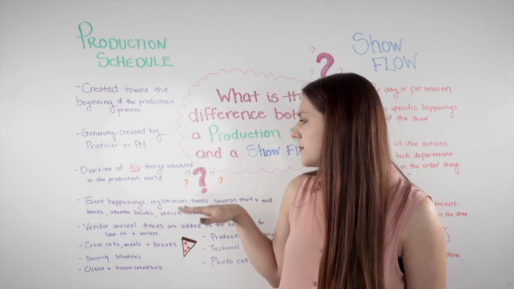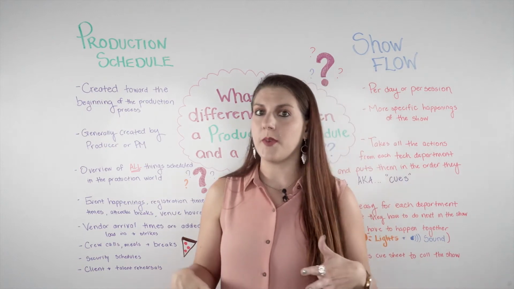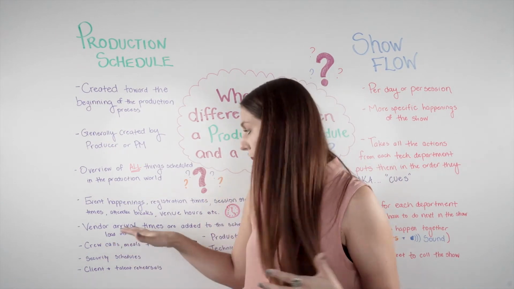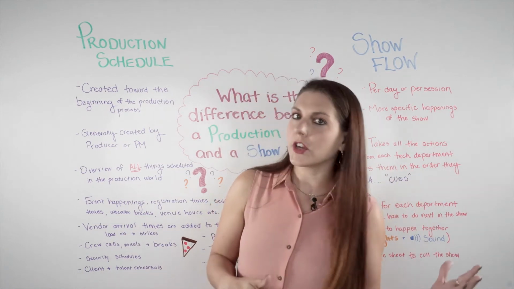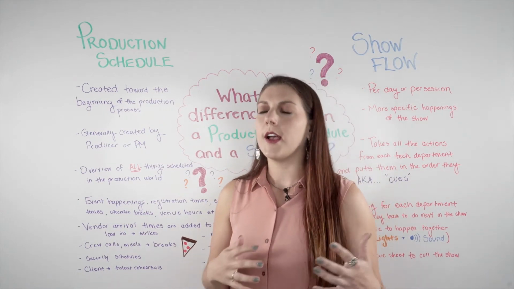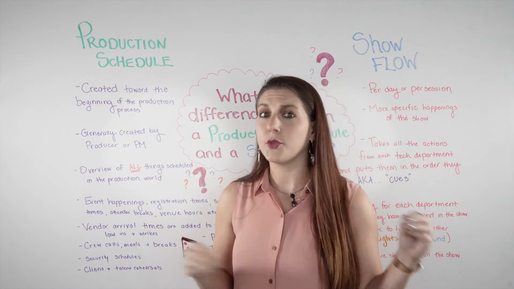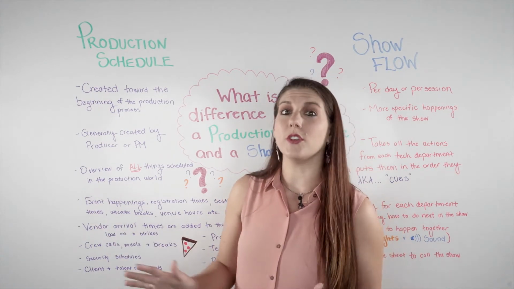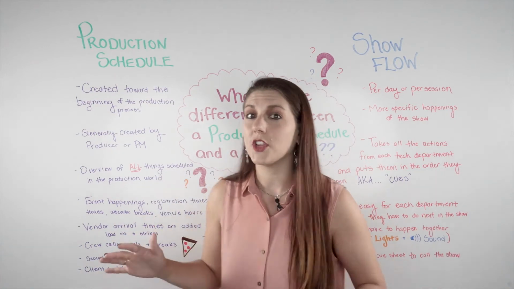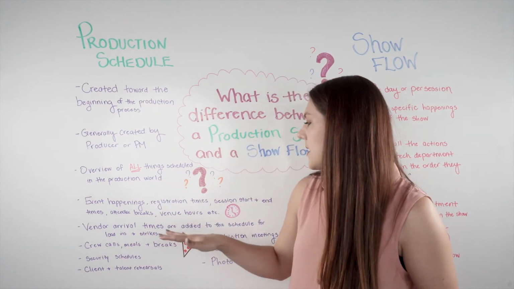Start and end times, attendee breaks, that's a really big one to remember, because when attendees are having breaks, your production people probably are as well, and sometimes you need to have short little rehearsals in between different sessions when the attendees are out of the room, or you need to flip the room or flip the stage, so you need to know those kinds of things.